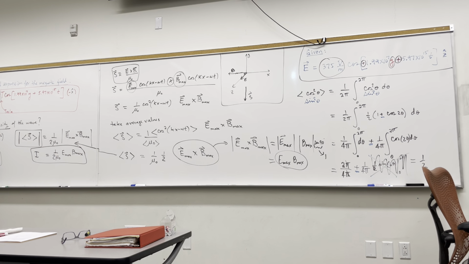This is how much is going through per meter squared per second. If the area is 2 meters squared, twice this will be how much energy is going through in 1 second. But if I ask 5 seconds, then you have to multiply this by 5 as well. So, just understand what this number means.